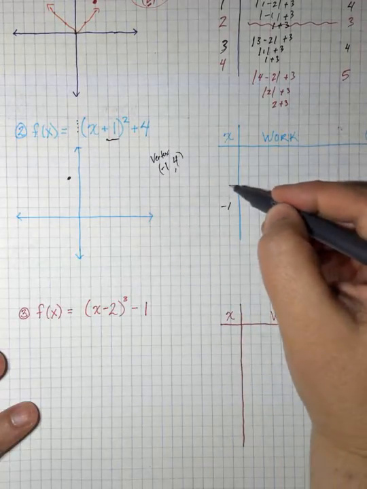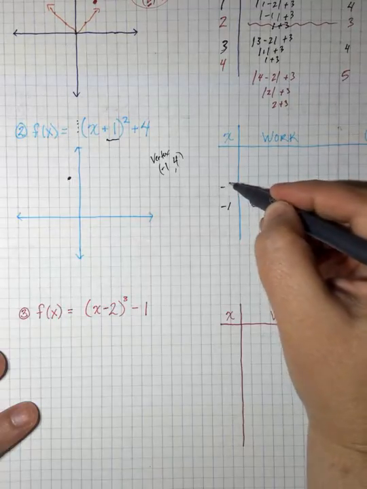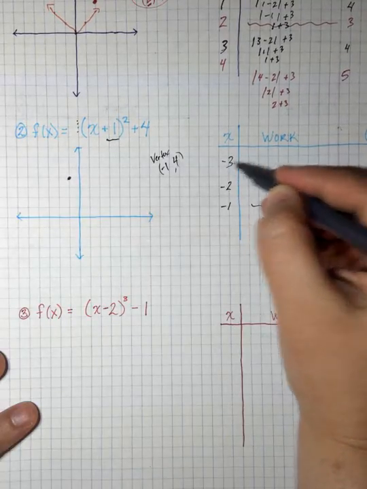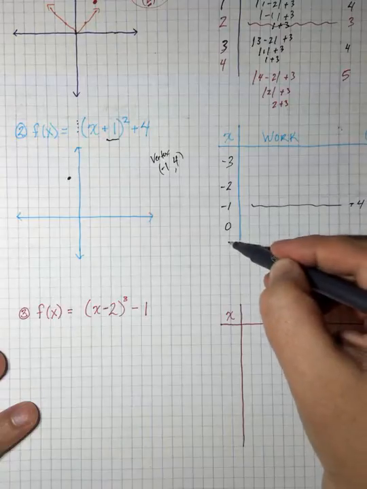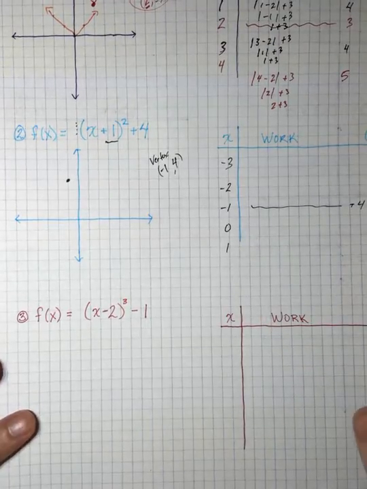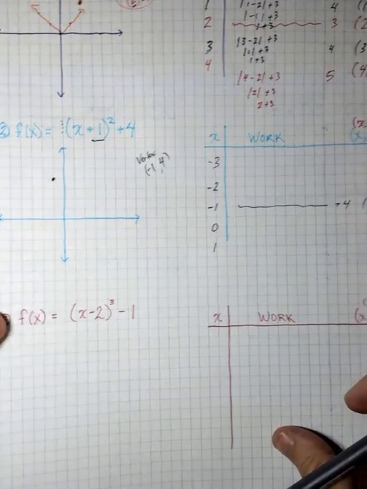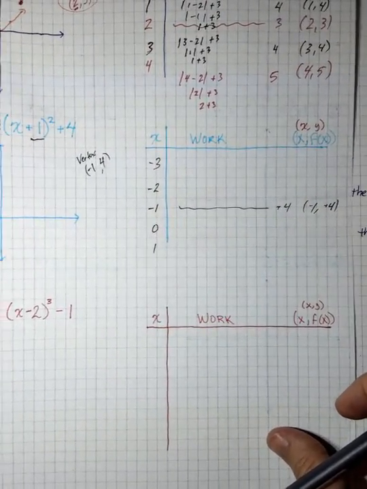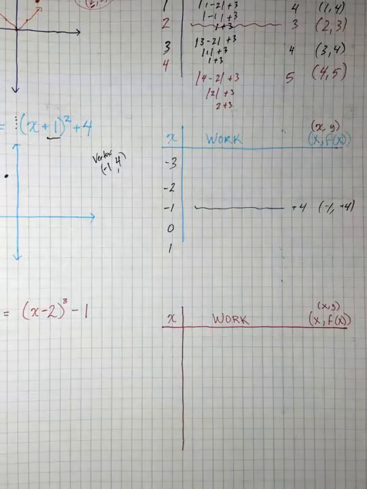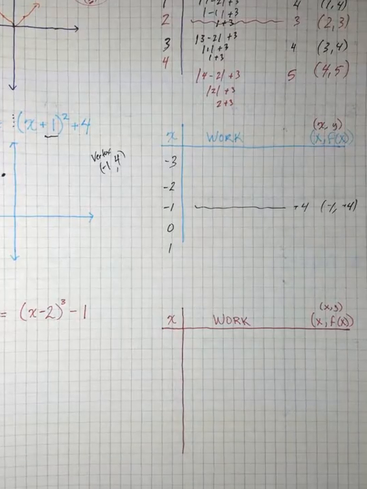So around negative 1, that would be negative 2 and negative 3, or 0 and 1. So I'm going to slide this over so we can show some work here. We're going to plug in these x values, and we're going to figure out what these new y values are going to be.